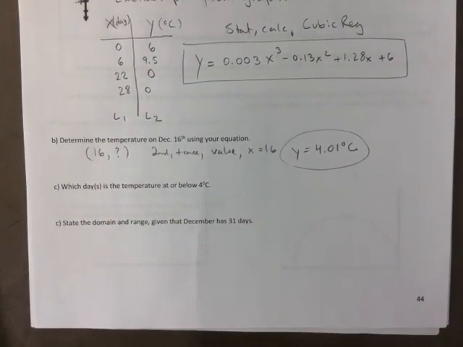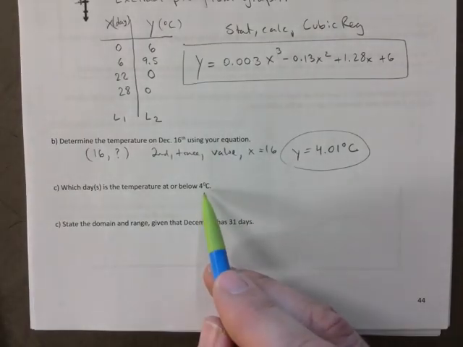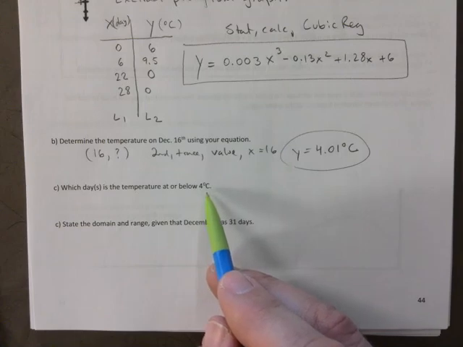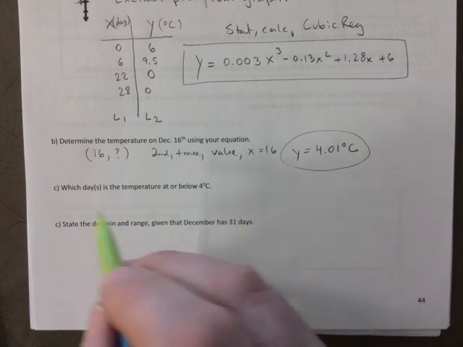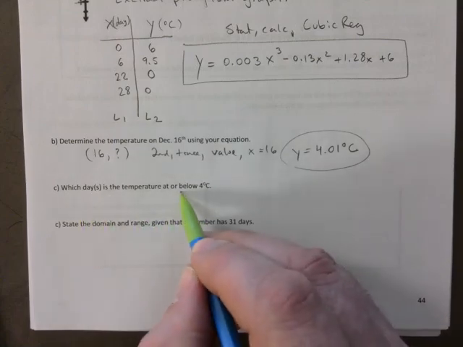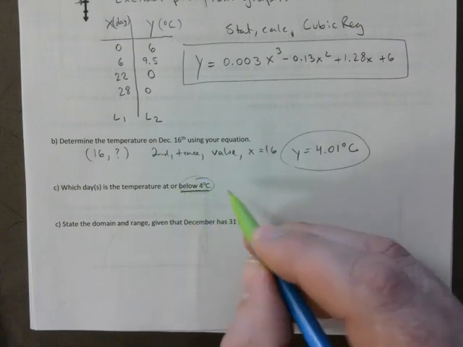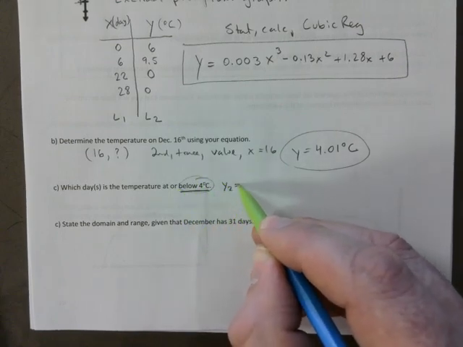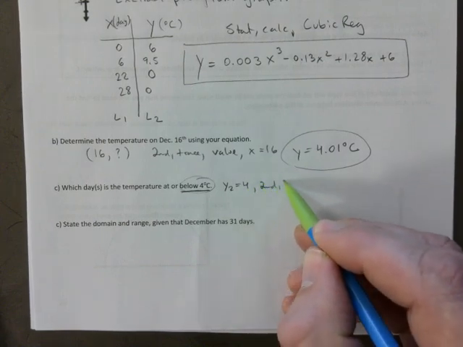Which day or which days was the temperature at or below 4 degrees Celsius? Okay, so what do we have here? This is referring to temperature. So we will let y2 equal to 4. Okay, and then we're going to find those intersections.